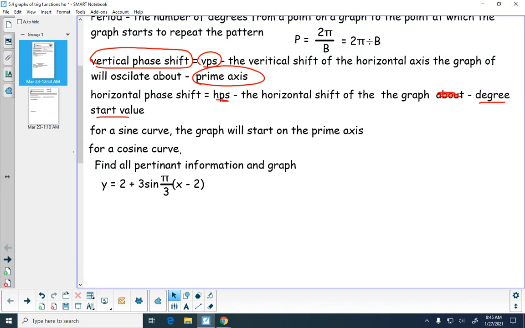And for a cosine curve, we started at a peak or a valley. So we start at the very top of the hill or the very bottom of the hill.